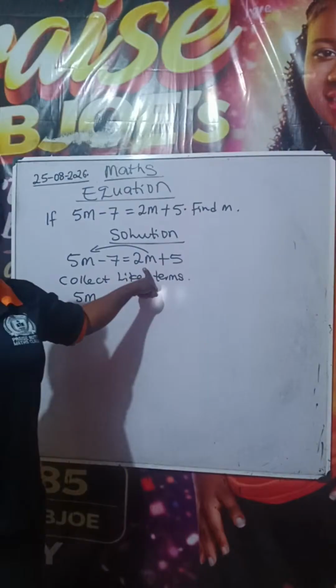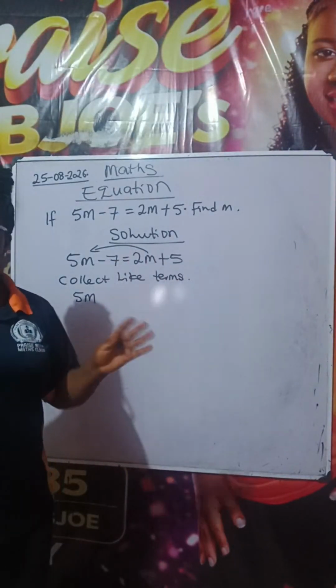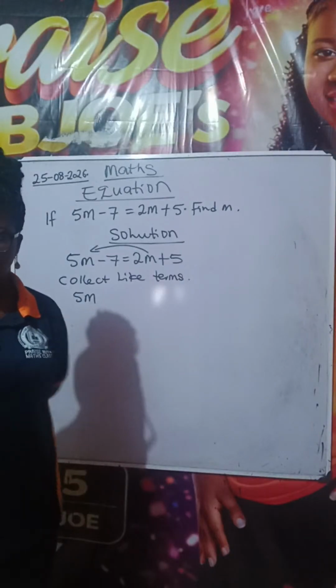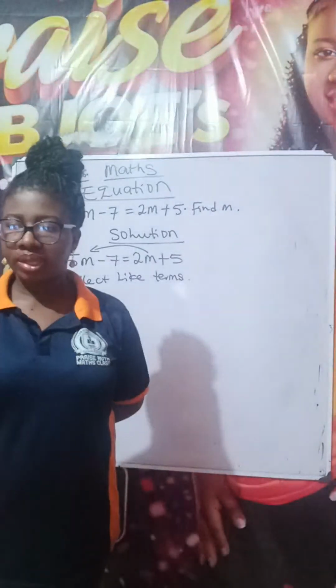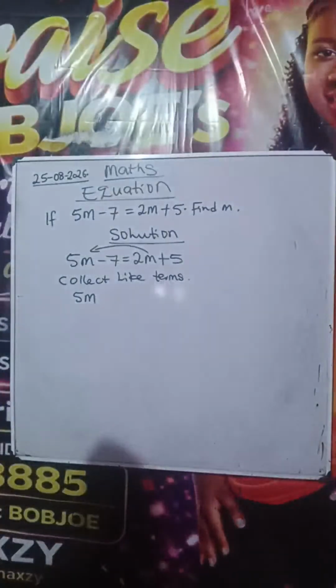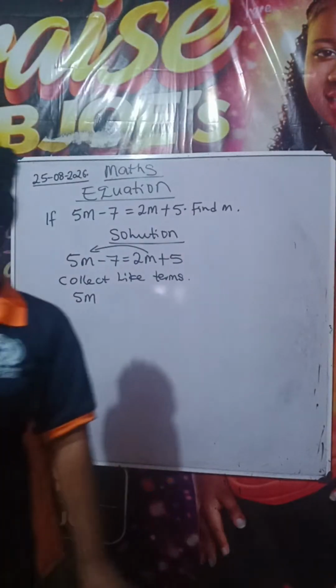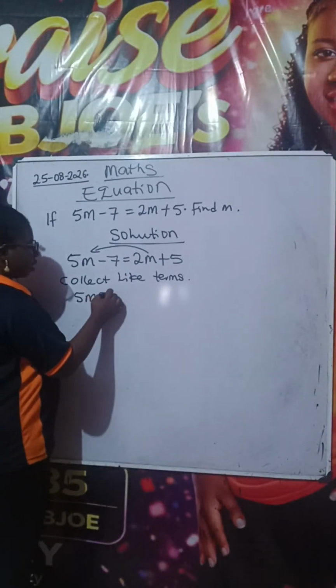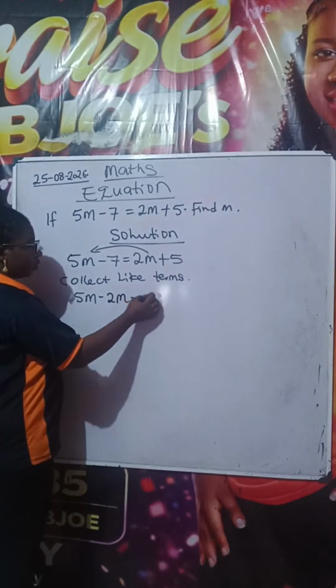If I move this 2m to the other side, will it be plus or minus? So it's going to be negative. It's going to be minus, correct? Thank you very much. We have 5m minus 2m equals 5.